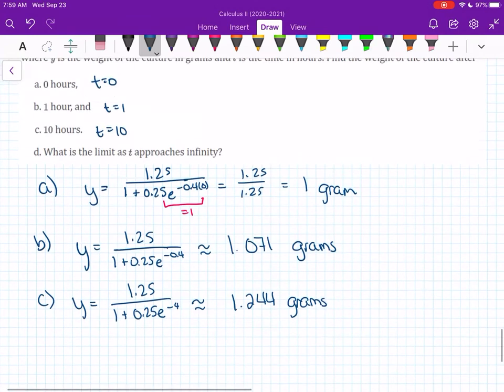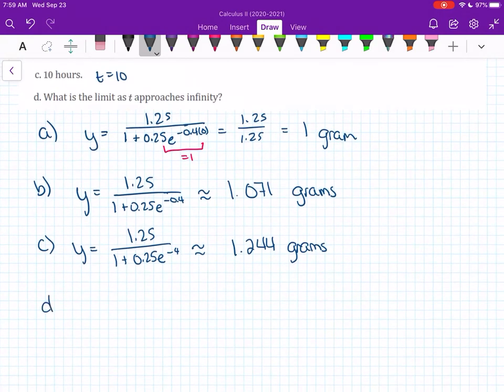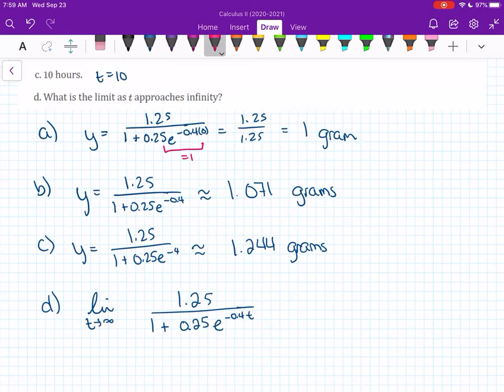Then the last question asks about the limit. Okay, so let's look at that. I want to know what is the limit as t approaches infinity of 1.25 over 1 plus a quarter times e to the negative 0.4 t. Okay, so as t goes to infinity, this right here is an exponential decreasing function.